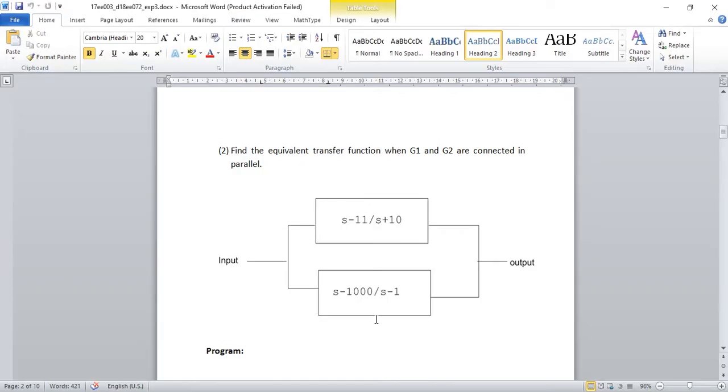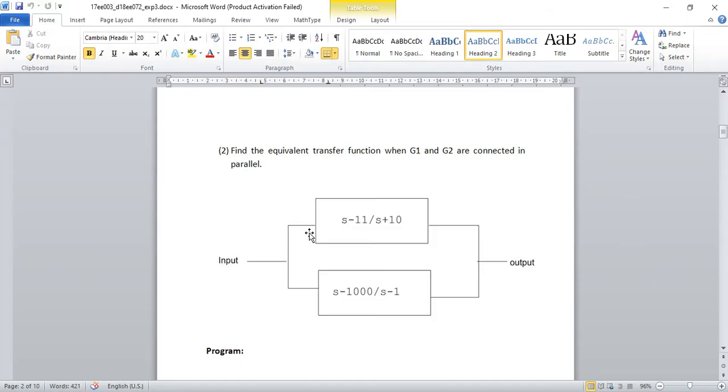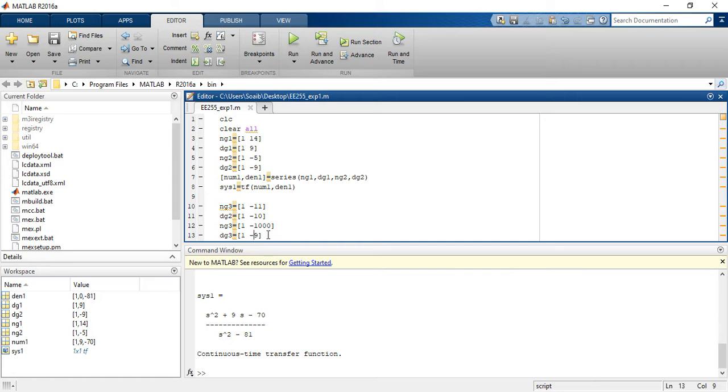Next one is s minus 1000 and s minus 1. So we have this ng3, dg3, and ng4 and dg4.